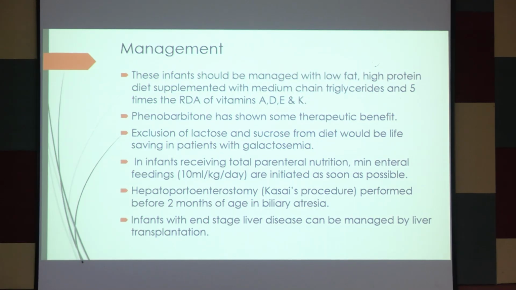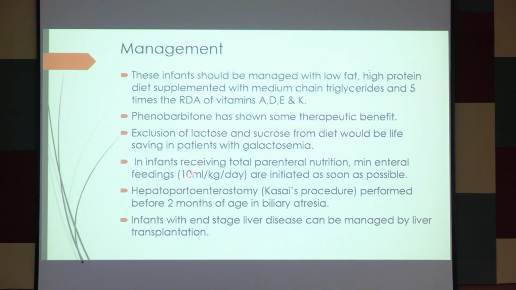All vitamins to be supplemented at 5 times the recommended dietary allowance. Then phenobarbital has some benefit, and exclusion of lactose and sucrose from diet in patients of galactosemia.